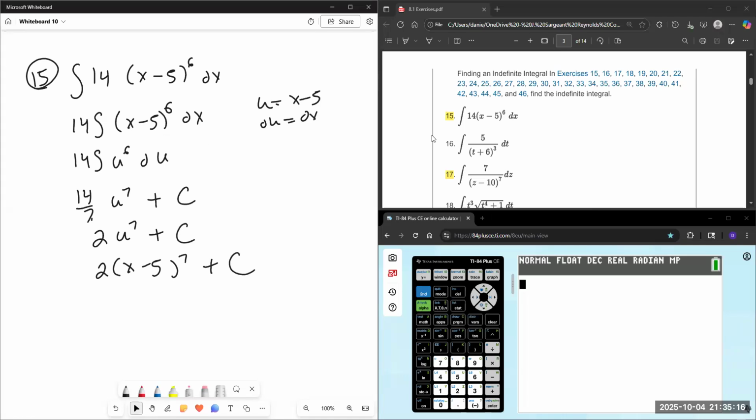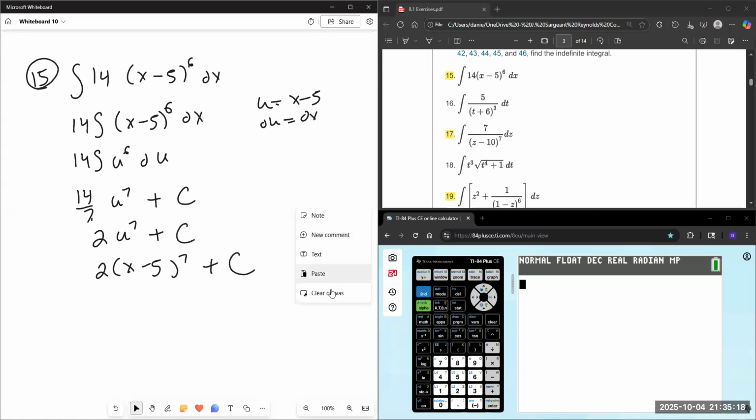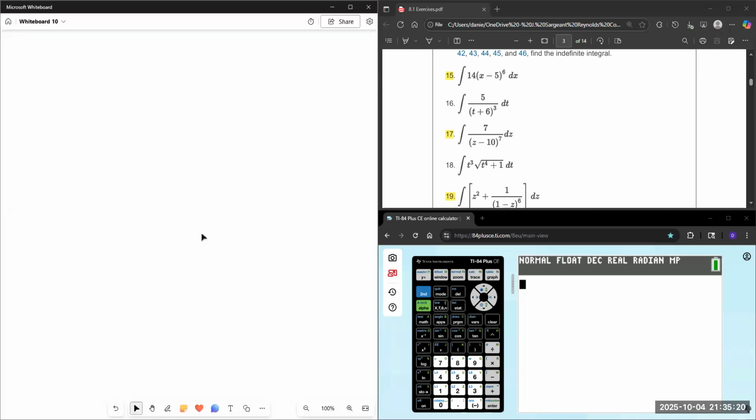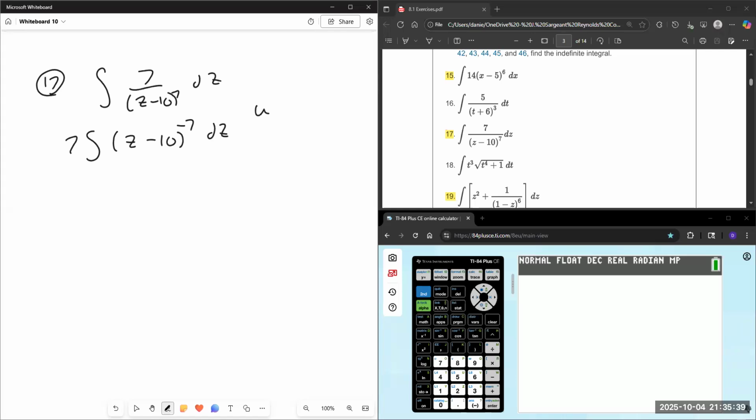Let's look now at number 17. Integral 7 over (z minus 10) to the 7th dz. I'm going to pull the 7 out and make this (z minus 10) to the negative 7th dz. My u is z minus 10.